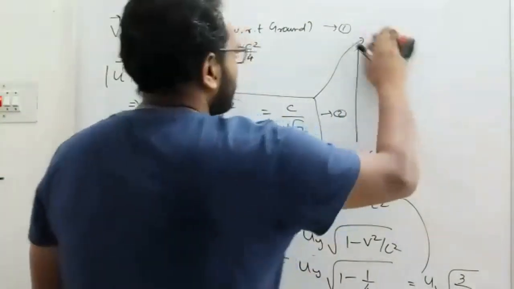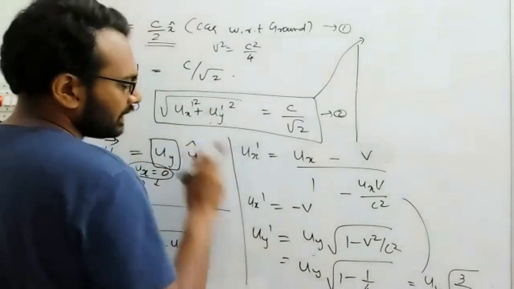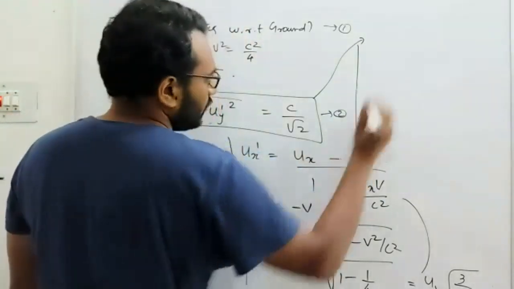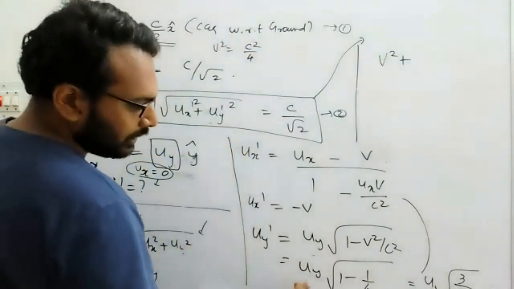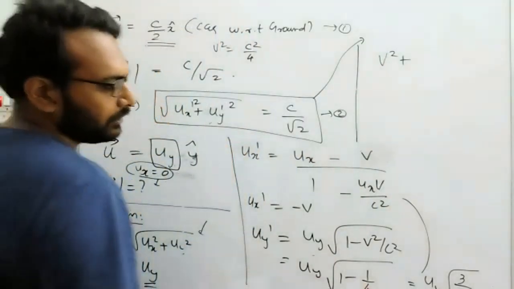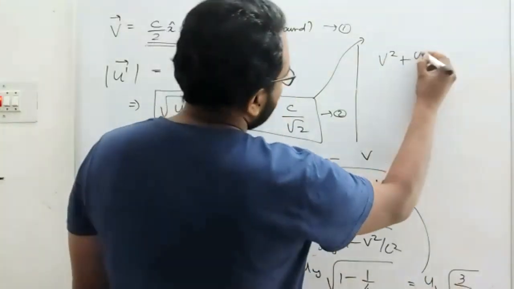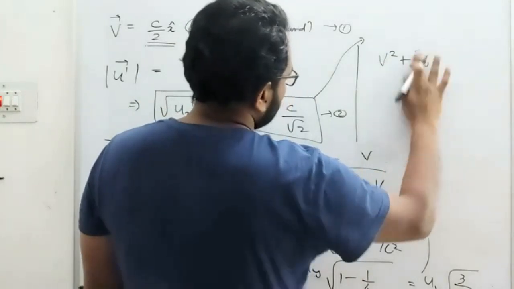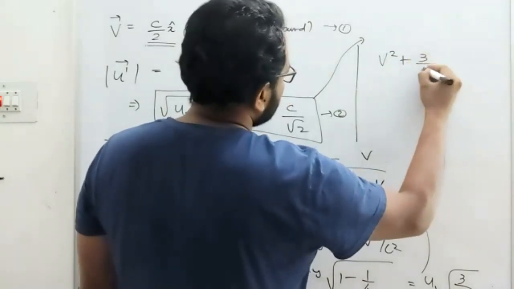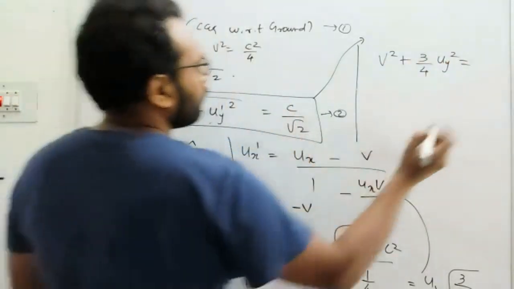You just square these things. So ux prime is minus v, so this is v square plus uy prime, which is uy square root of 3 by 4. So that becomes 3 by 4 uy square, and that's equal to c square by 2.